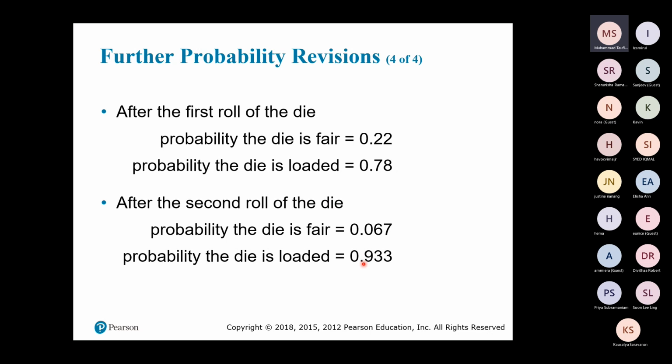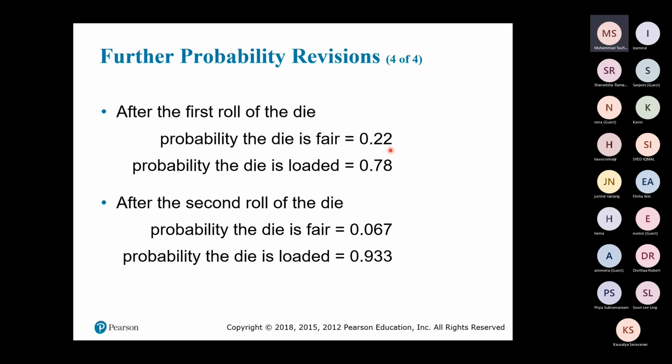Jadi kita nampak bila kita ulang eksperimen atau ulang ujian tu, kita akan dapat data yang lagi banyak, data yang lebih tepat. So, kalau kita baling kali pertama, kita nampak kemungkinan untuk dapat dadu yang normal tu still besar, 0.22. Maknanya kita ada 22% kemungkinan kita boleh dapat dadu yang normal.